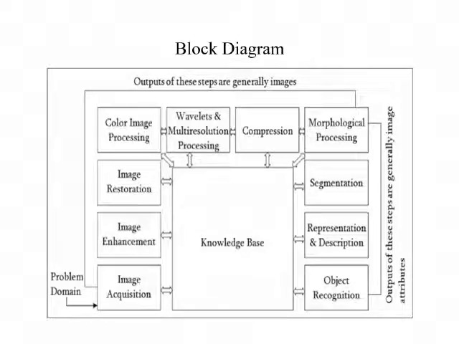The output of the rest 3 blocks, segmentation, representation and description, object recognition, and along with them the morphological processing, all have an output that are generally image attributes. Attribute refers to the feature or quality of an image.